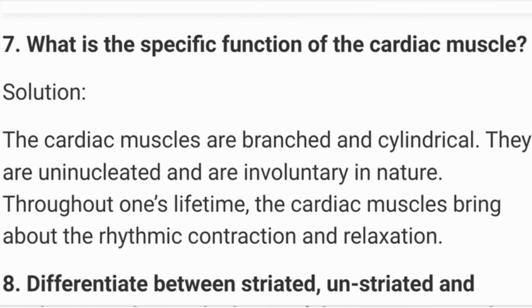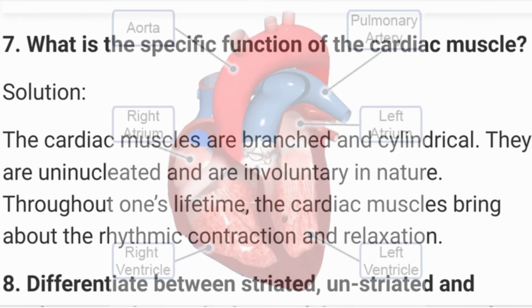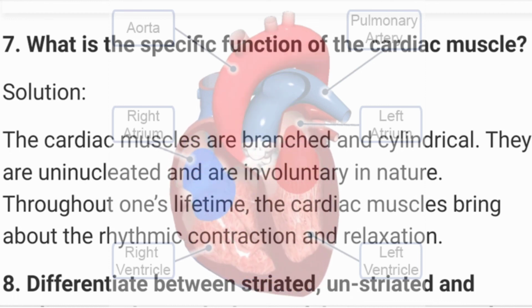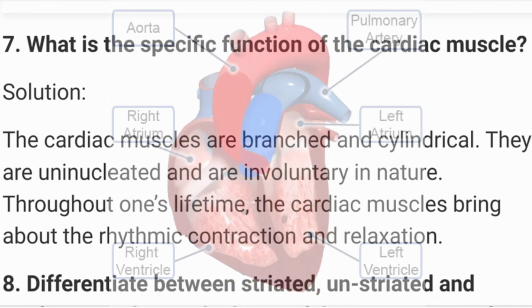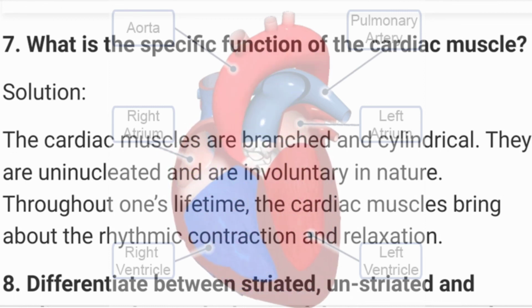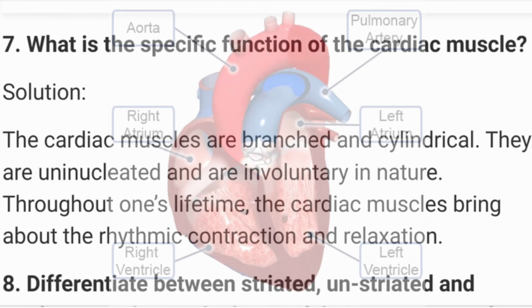What is the specific function of the cardiac muscle? The cardiac muscles are branched and cylindrical. They are uninucleated, meaning having one nucleus, and are involuntary in nature, that is, not in our control. Throughout one's lifetime, the cardiac muscles bring about the rhythmic contraction and relaxation of the heart.